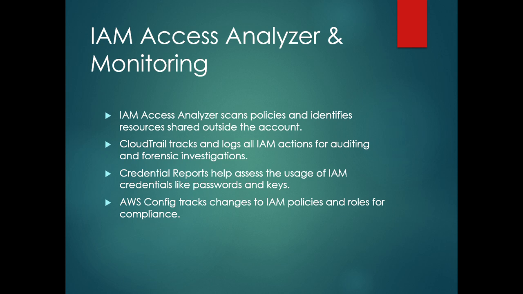For example, you discover via Access Analyzer that an S3 bucket is publicly accessible. So you will know that you need to fix it by adjusting the bucket policy. That is how the analyzer and monitoring are helpful in AWS.